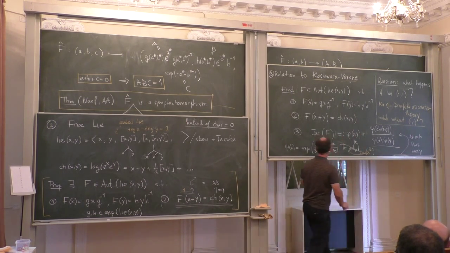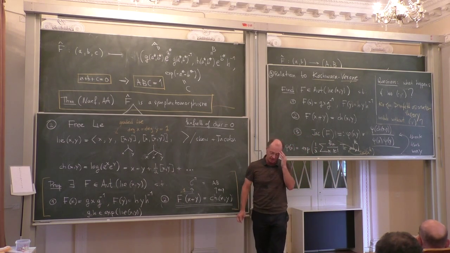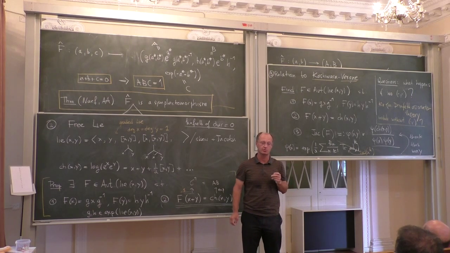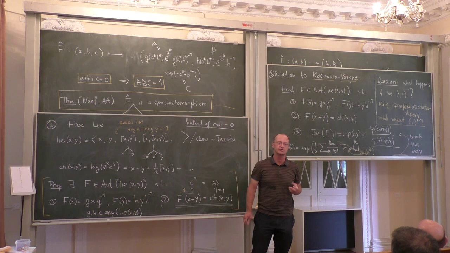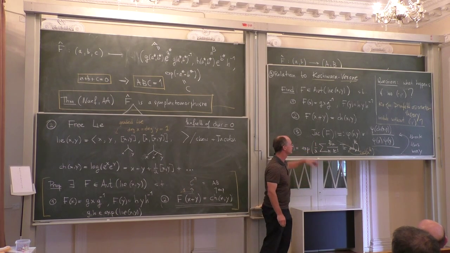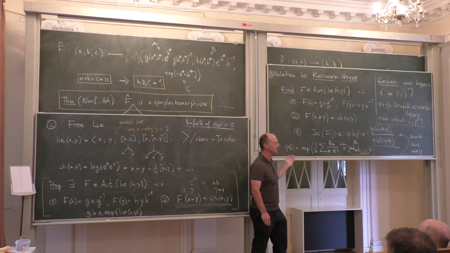Right, so that's the expression for psi. It is called the Duflo function, or it first appeared in the works of Harish-Chandra and then Kirillov. So that's something which comes from representation theory of Lie algebras or harmonic analysis.